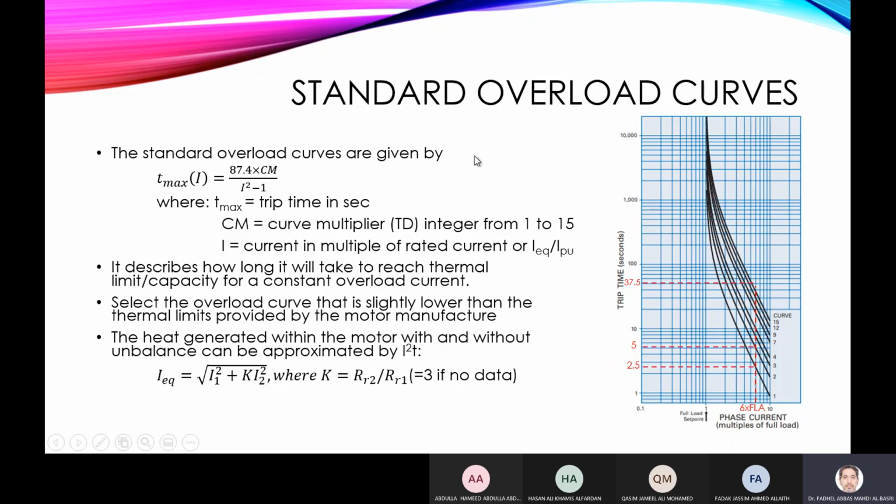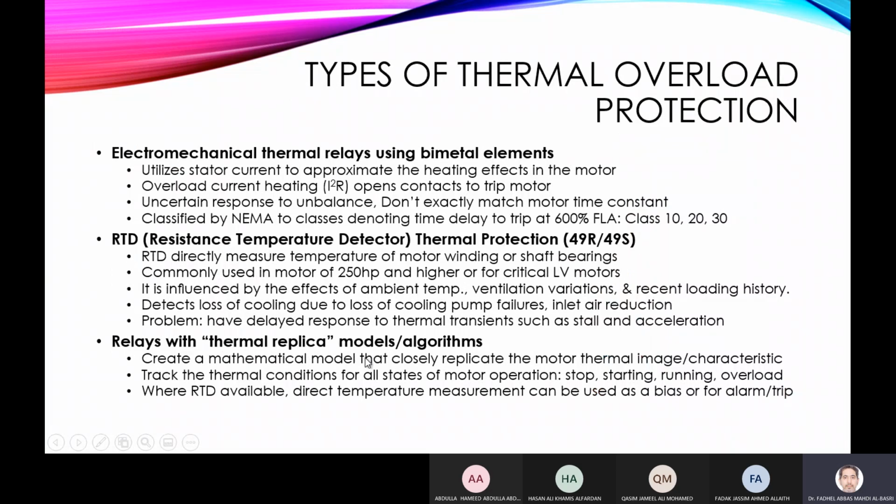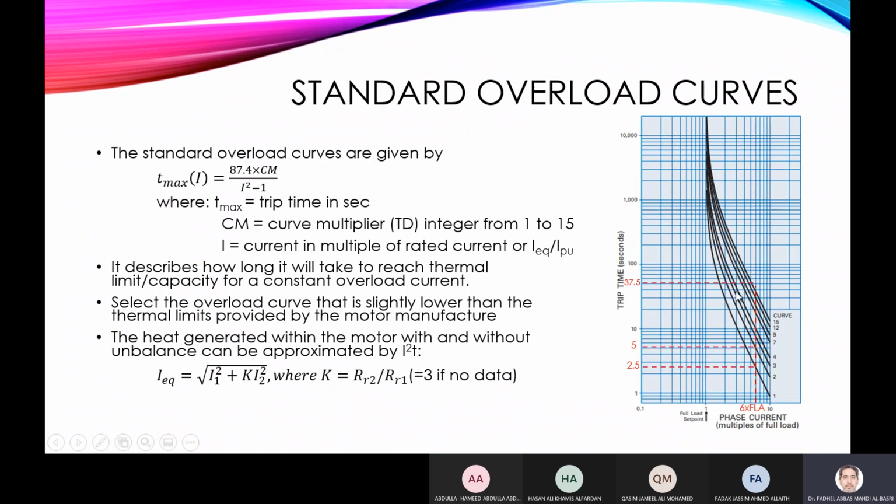Now, what is the standard curve used in relays instead of the bimetal to model the bimetal action? This is the standard curve from the current measurement. I can model the thermal overload characteristics.